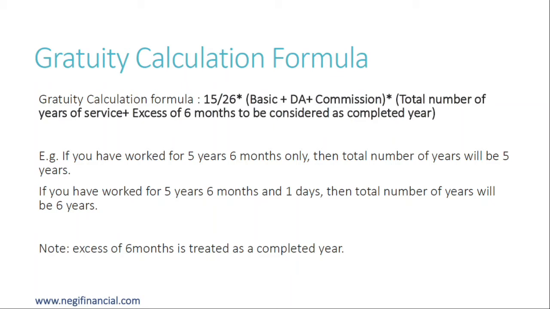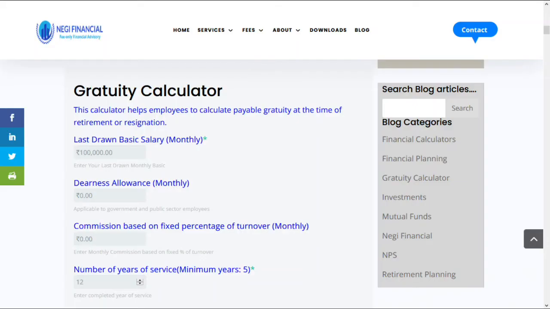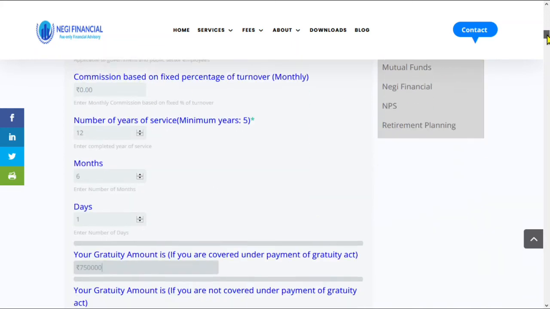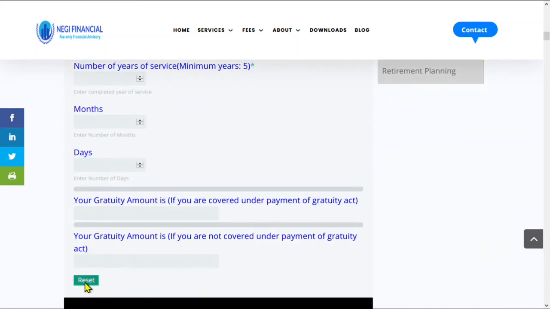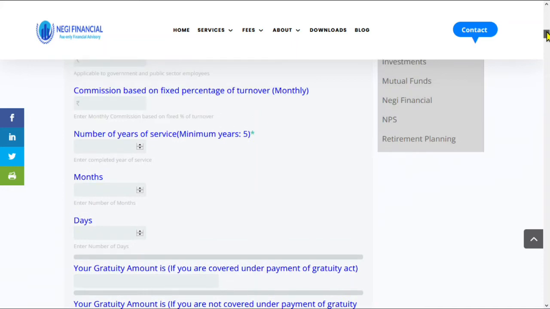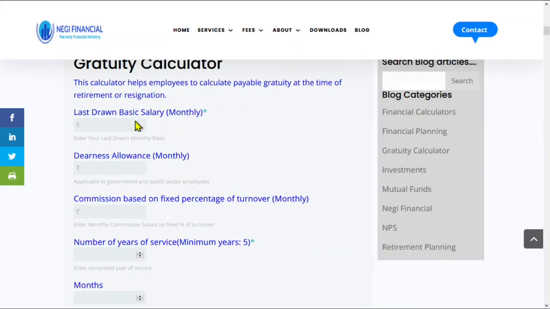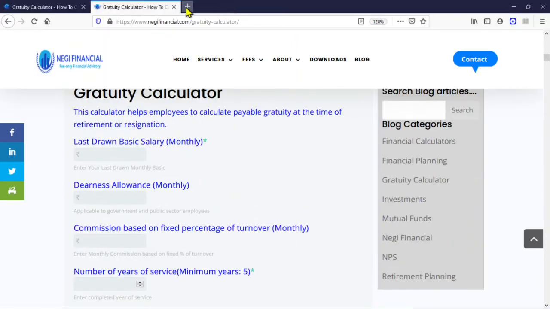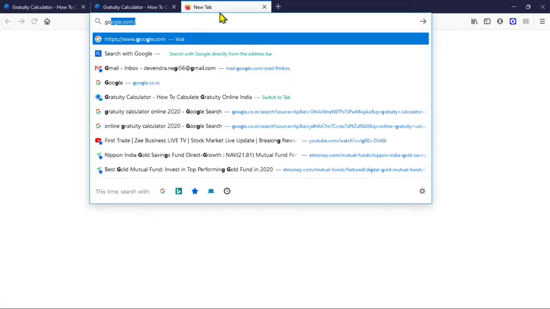So let's learn how to calculate the gratuity amount using our calculator. If you want to know how to find this calculator, just go to google.com. So this is our gratuity calculator. How did you find this calculator?